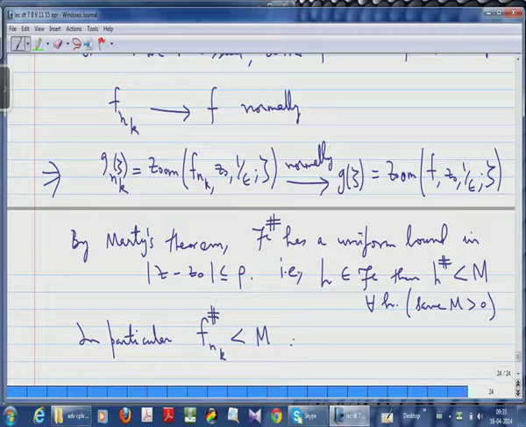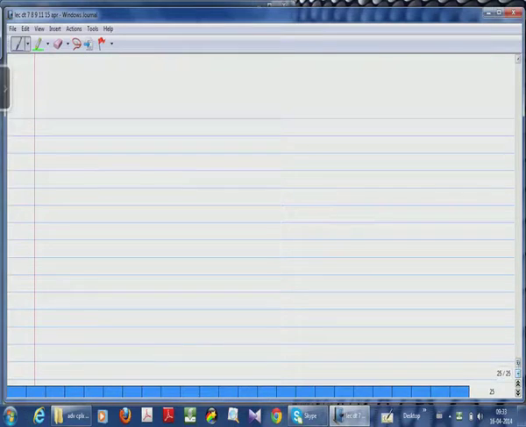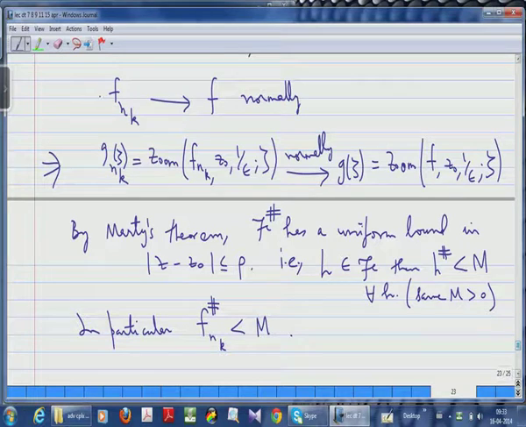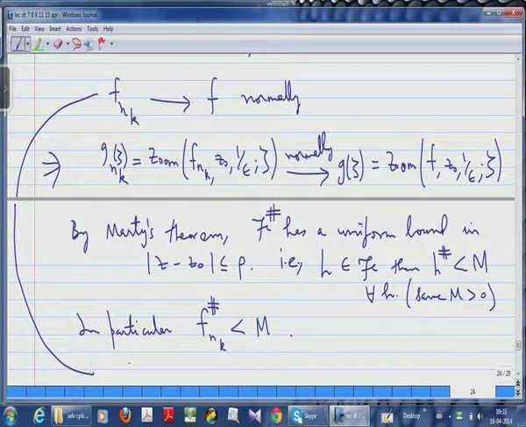But we have also seen this earlier: if a family of meromorphic functions converges normally to a limit function, then the spherical derivatives will also converge. Taking the spherical derivative respects convergence. So you also have from here that if I take the spherical derivatives of f_{n_k}, that will go to f hash.